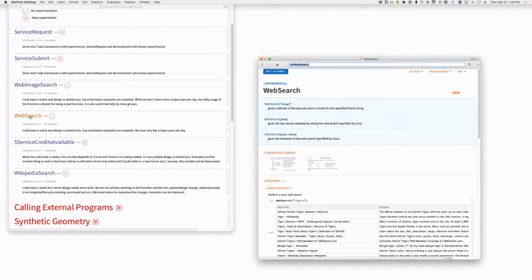Well, we want to talk about returning a search result object, but I don't know what happened with that. Okay, you know what? Let's not de-experimentalize these things.